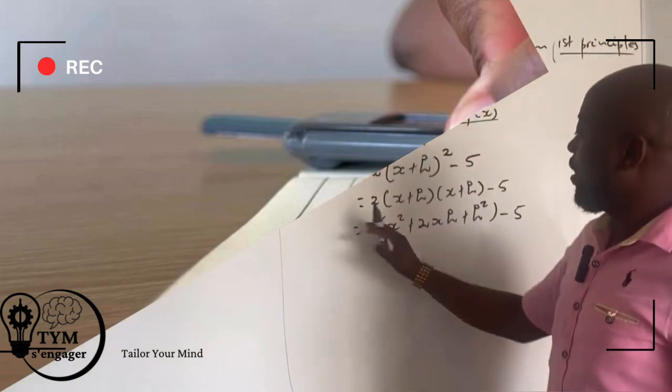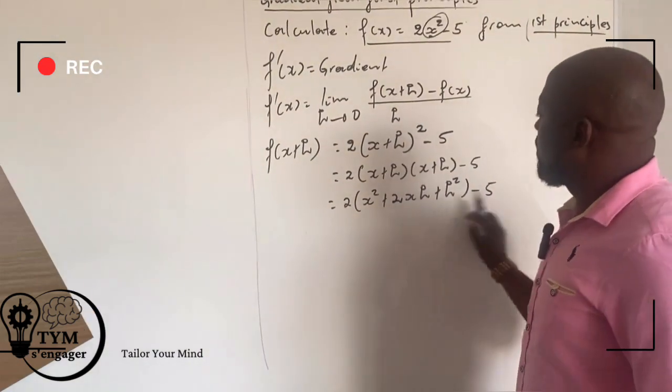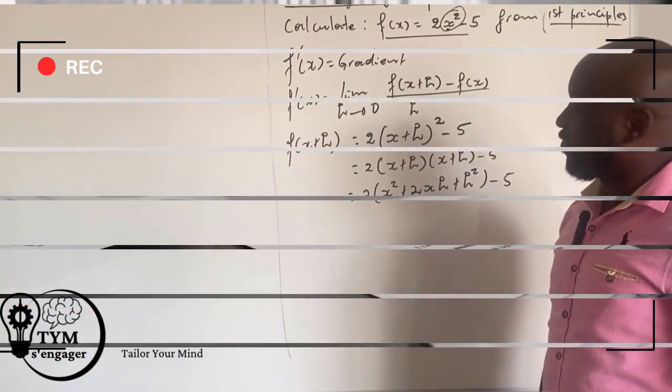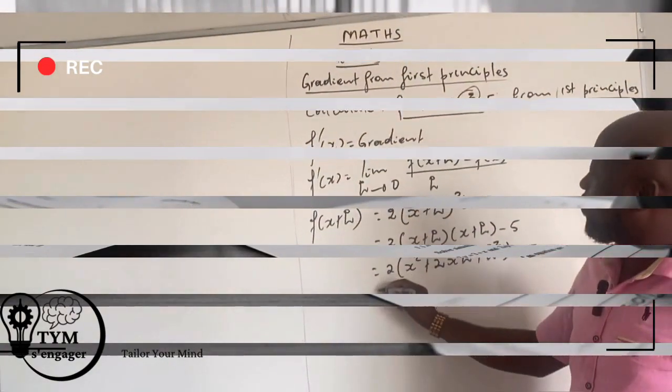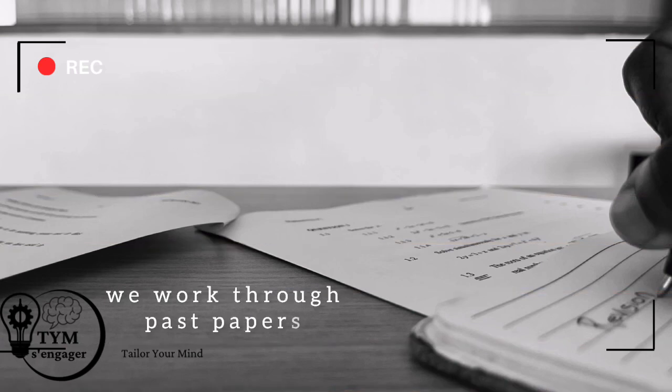And finally, introduce your 2 inside the bracket. You multiply everything by your 2, to give you 2x squared plus 4xh plus 2h squared minus 5. And that represents your f of x plus h.